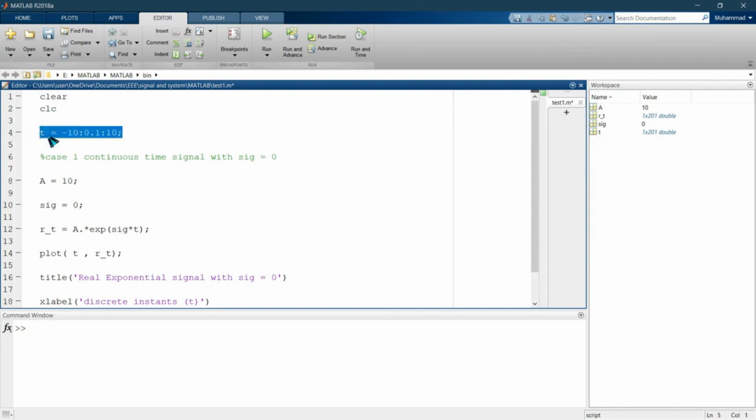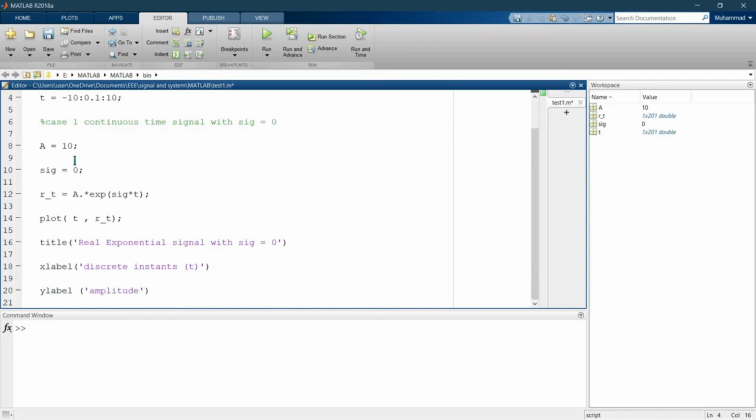Now the x-axis I have chosen as the variable t from -10 to +10, but I have chosen the step as 0.1, so I get more points between -10 and 10. The points will be -10, -9.9, -9.8 up to 10. So I have more points, which means my graph will be more curvy.